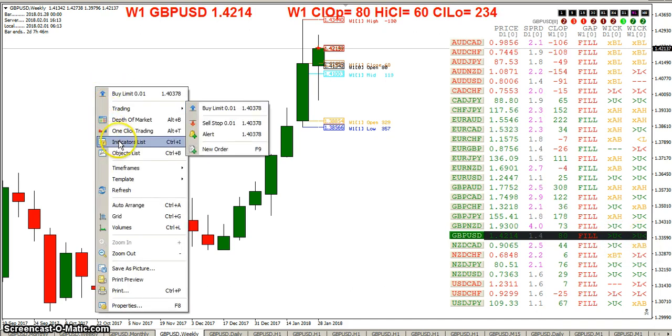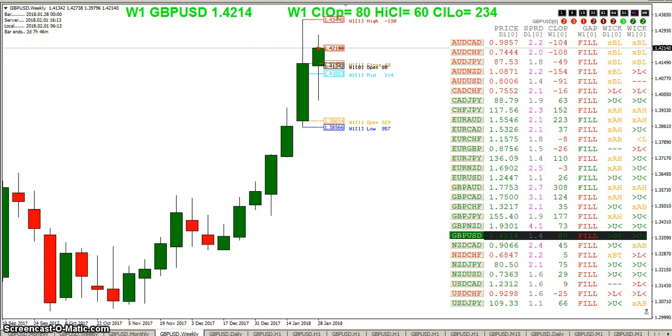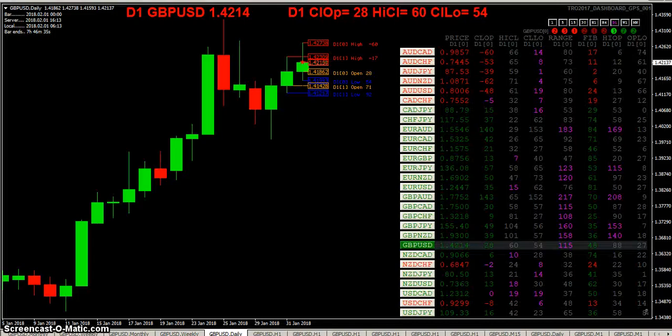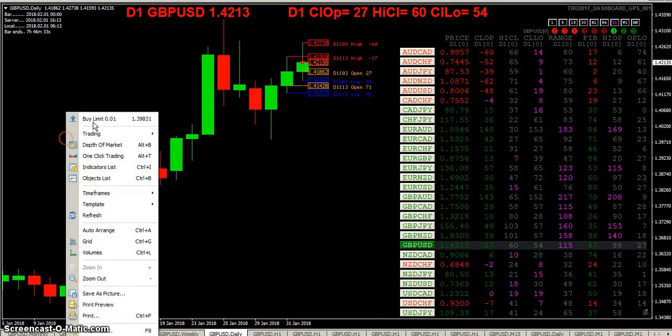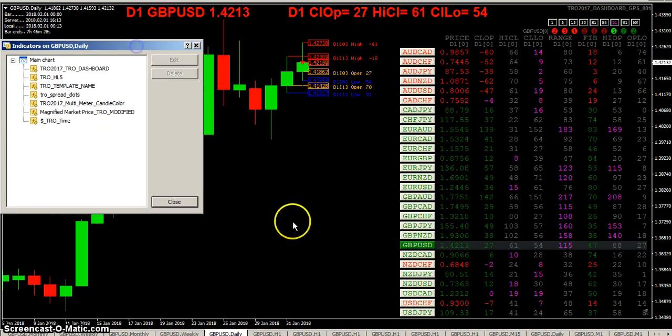And starting over, let's see if I can remember to do this, show which indicators I am using. So we drop over to the daily, and we can see that the pound is 27 pips above, now 28 pips above the open, 60 pips below the high, 55 pips above the low.